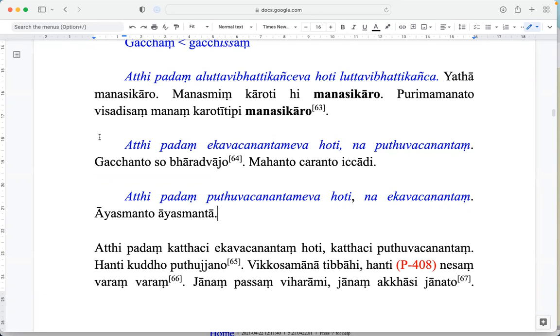But here Sayadaw points out gichando in bara dwajo and mahando jarando. They are present participles. So a present participle ending in -o is only singular, not plural.